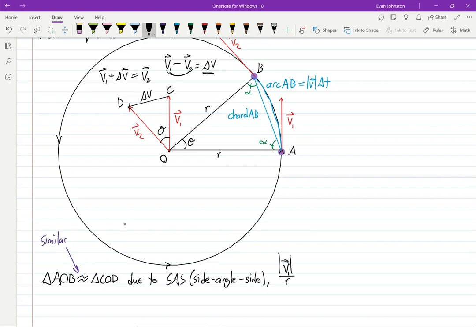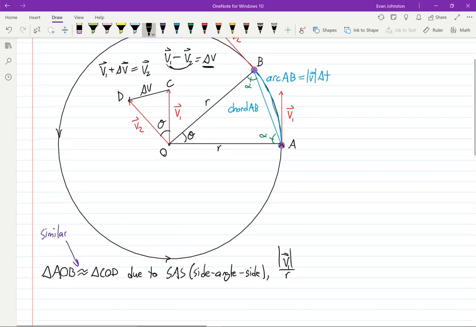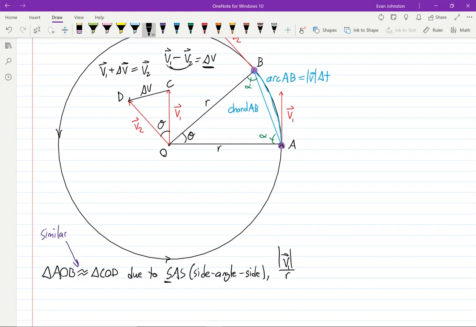The side angle side theorem has to go in order. So we have this ratio of sides, and then we have an angle that's the exact same. We already know that they do have the same angle here. And then the ratio of the other set of sides is the same as the ratio of the first set of sides.